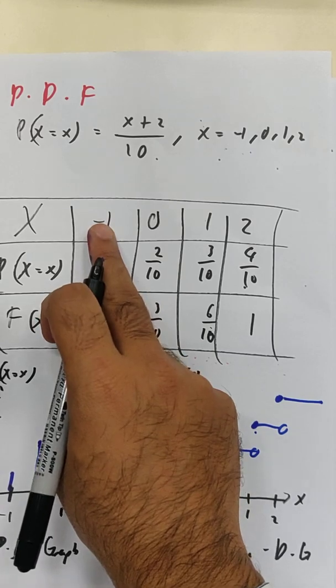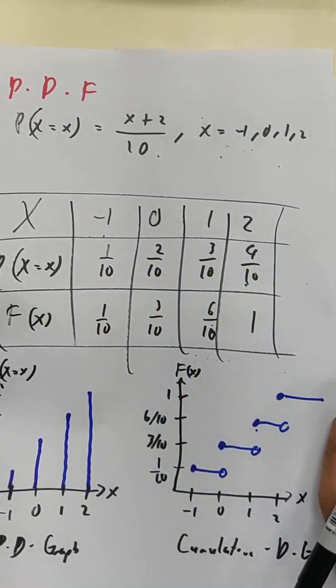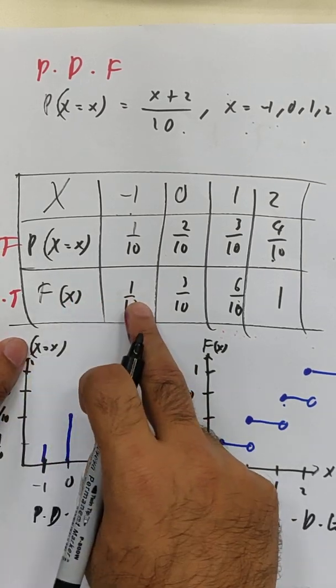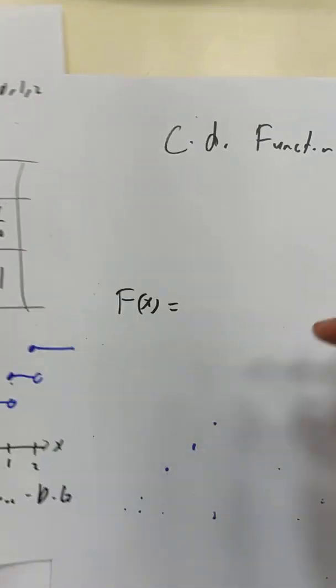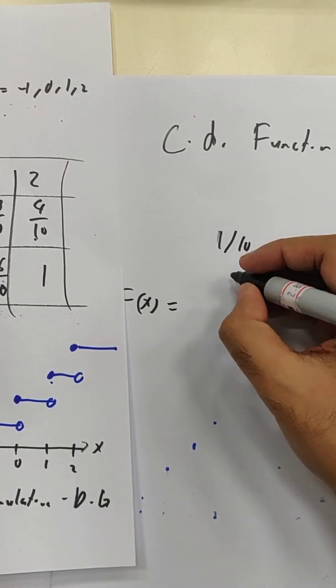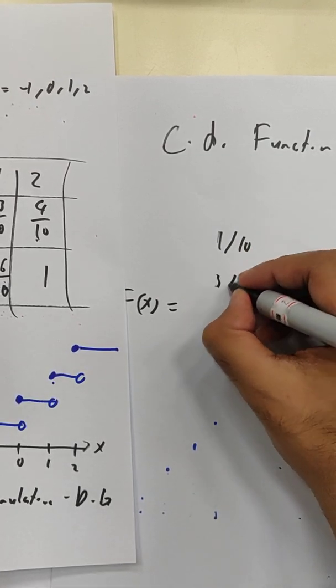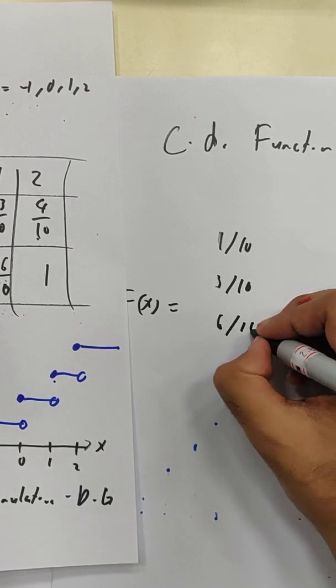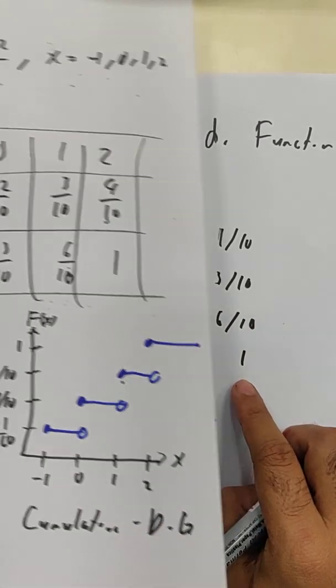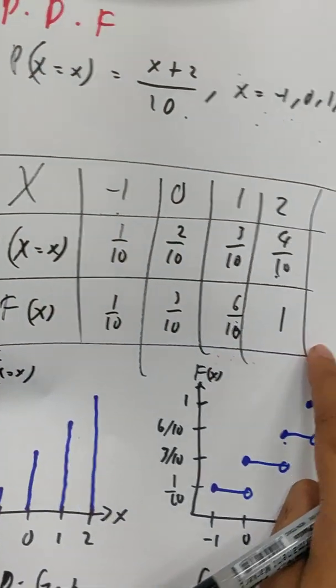So you got yourself -1, 0, 1, and 2. The function starts from this one. We draw this one. 1 over 10, 3 over 10, 6 over 10, and 1. Okay? You copy this one first.